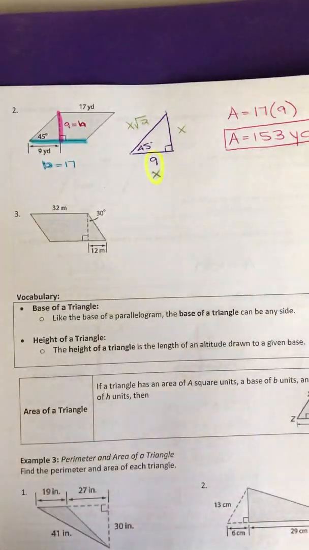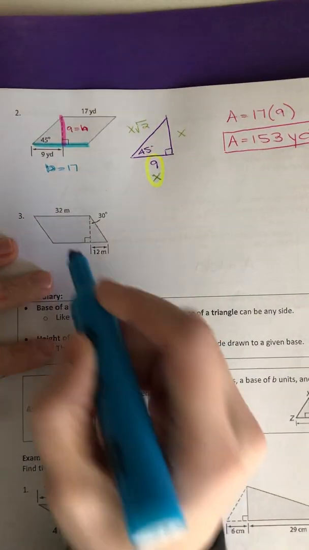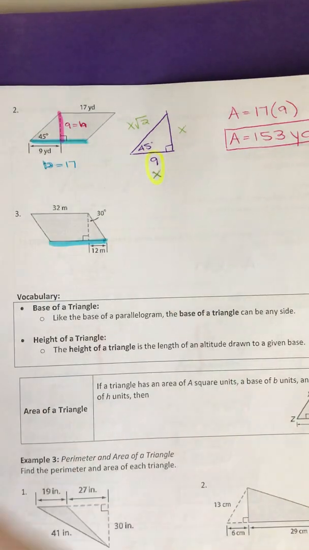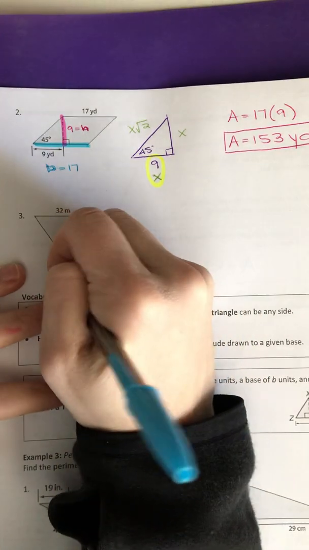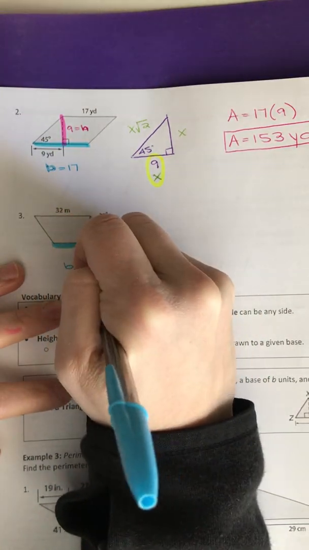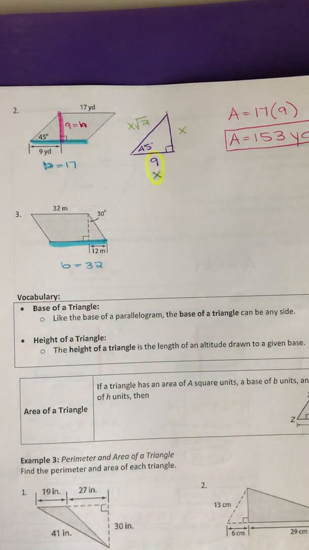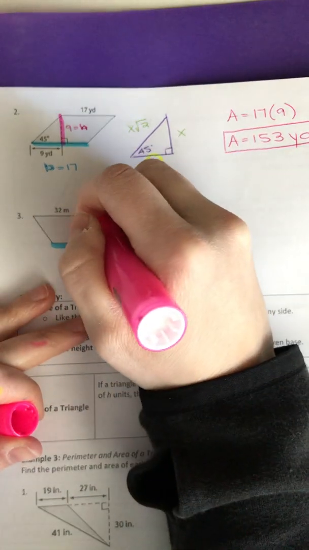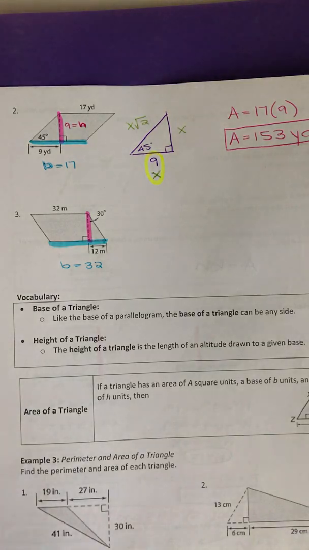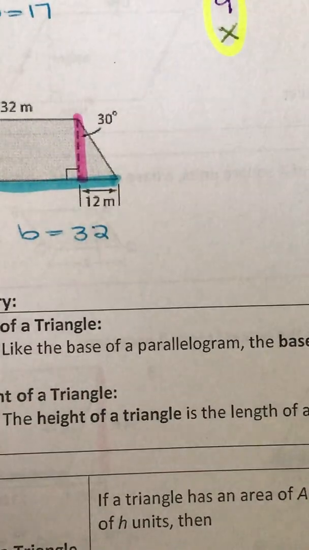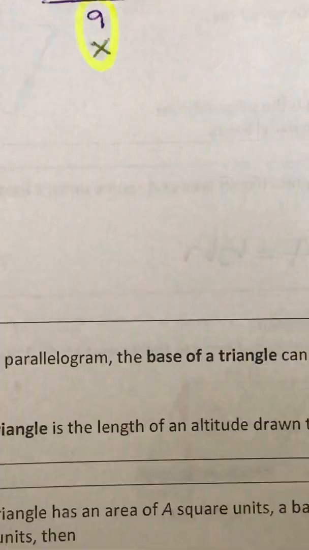All right, last one like this. We have my entire base, which will be the same as the top, 32. We don't know my height. So we have now a 30, 60, 90 triangle.